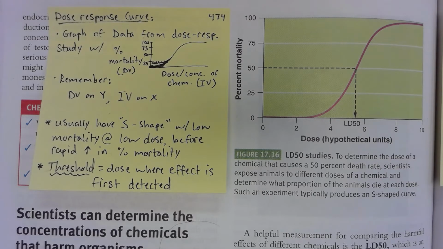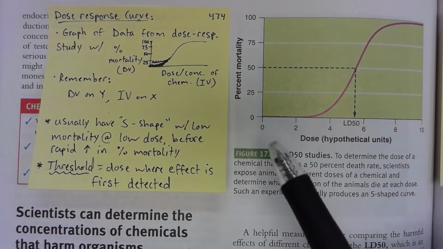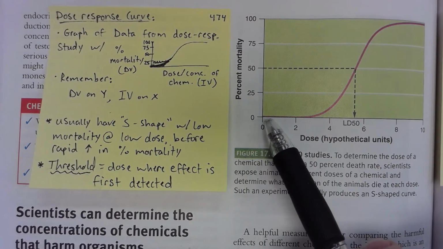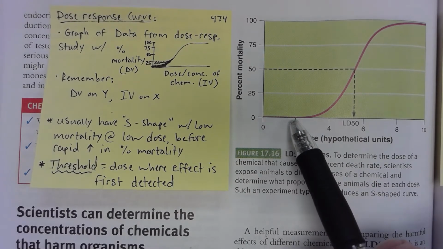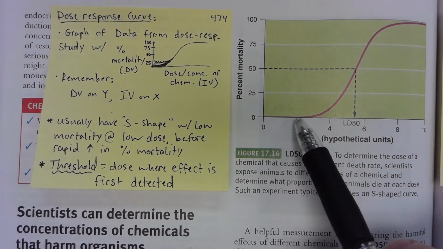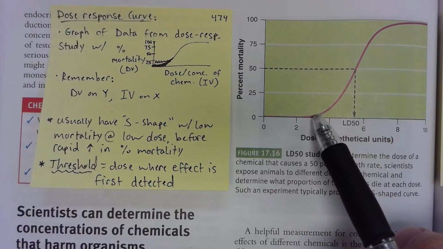Dose-response curves typically have an S shape, meaning there's very little mortality at low concentrations. The one I drew was not nearly as accurate as the one that's in your book. The one in your book is far more accurate. It shows that there's actually 0% mortality at low concentrations, and it takes a while before we reach what's called the threshold.